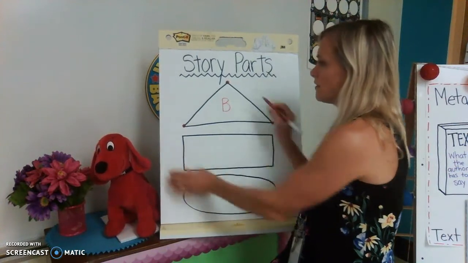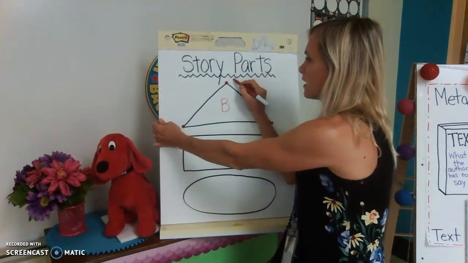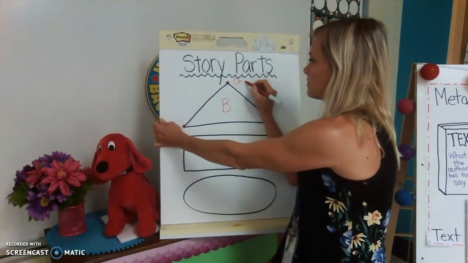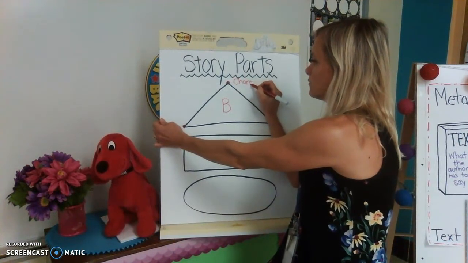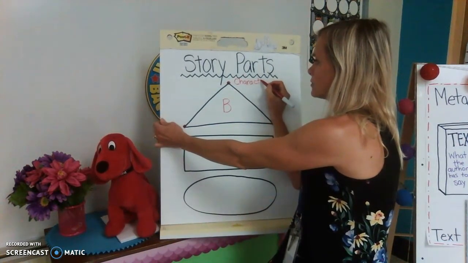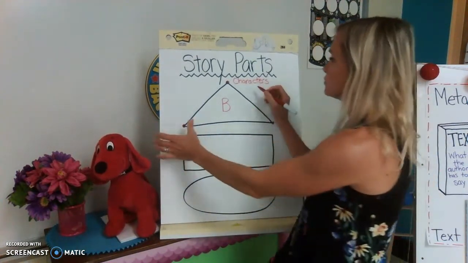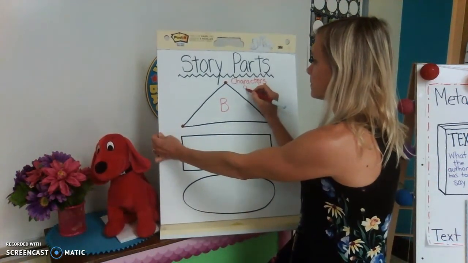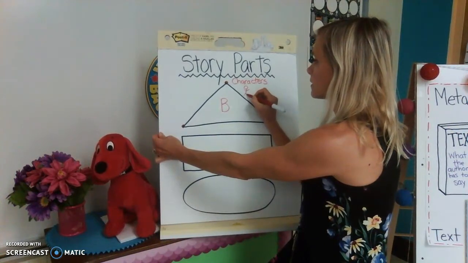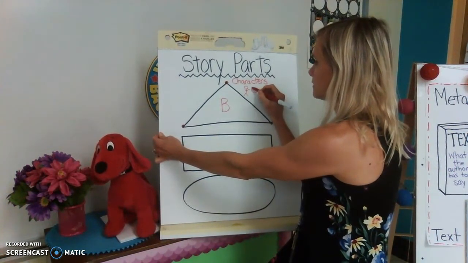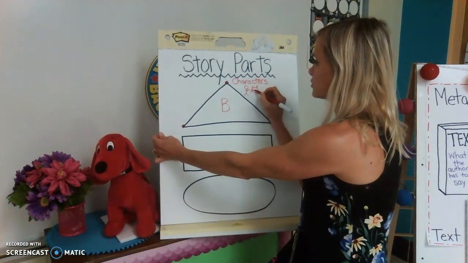So in the beginning of the story, you are looking for the characters. You always want to find out who the book is about. So the characters are first, and the characters can be people. They could be animals, right? So at the beginning, and this is for fiction stories, friends, this doesn't really work.